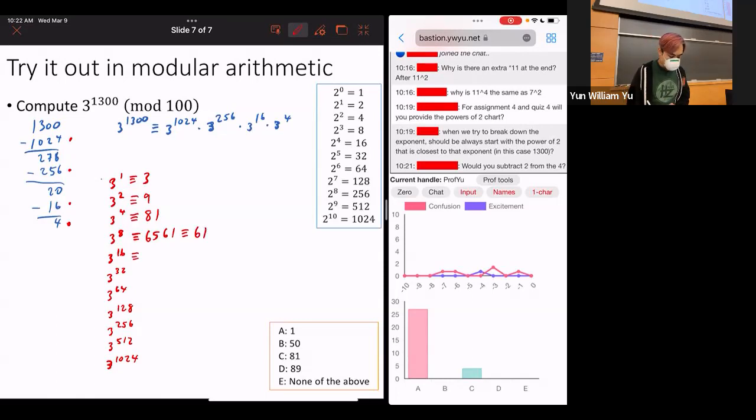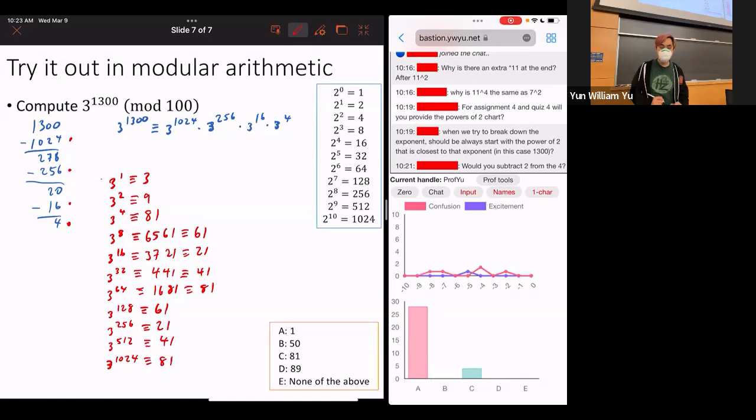This is 61 squared, which is 3,721, which is just 21. This is 441, which is just 41. This is going to be 1,681, which is just 81. But it's starting to repeat again. So if we have 81, the next one is going to be 61, the next one's going to be 21, the next one's going to be 41, and the next one's going to be 81.